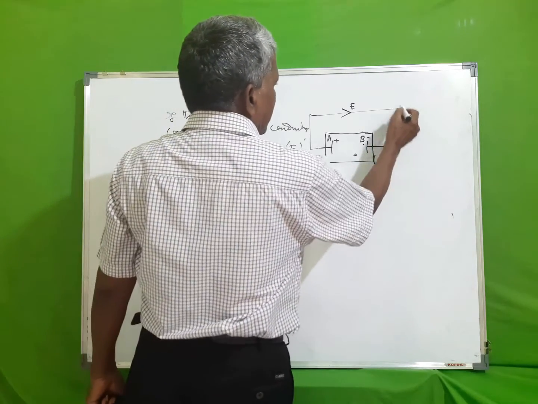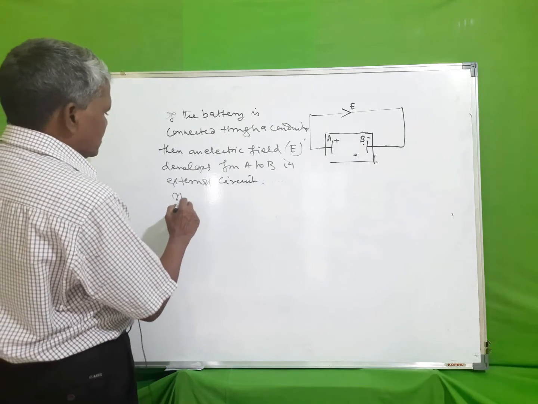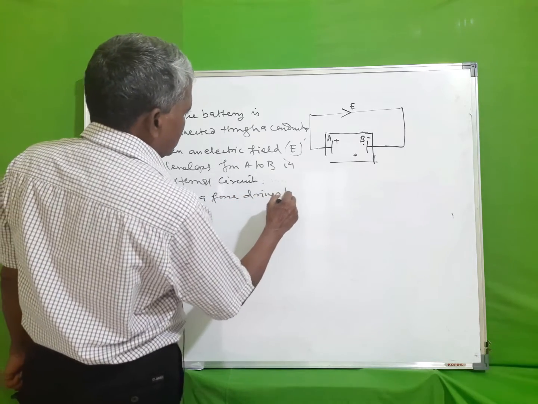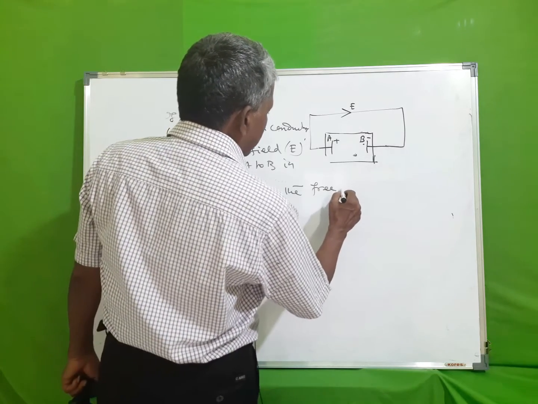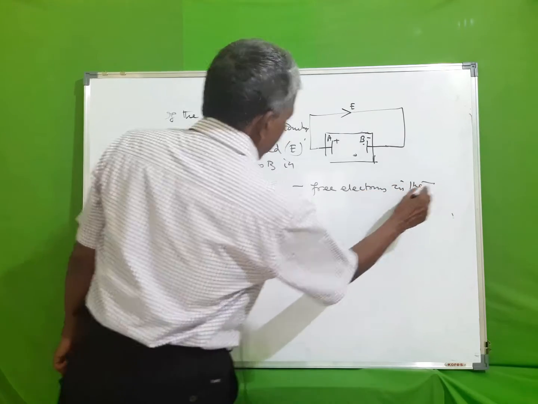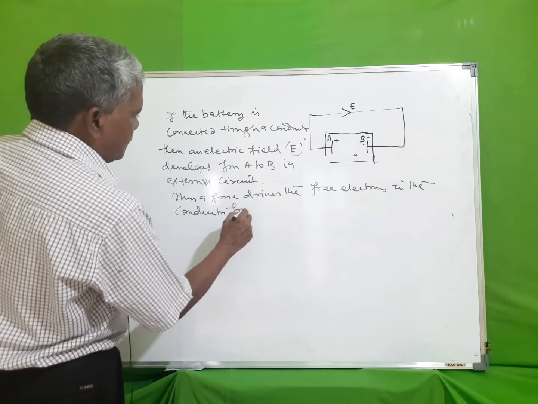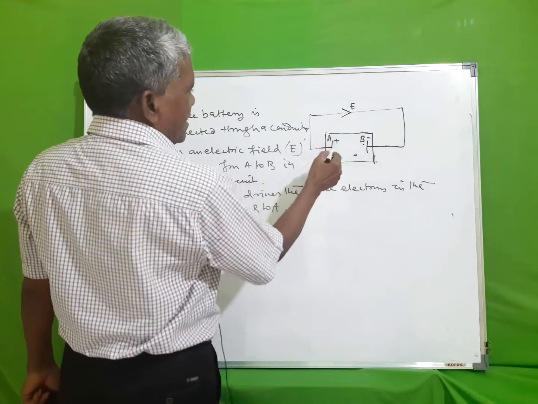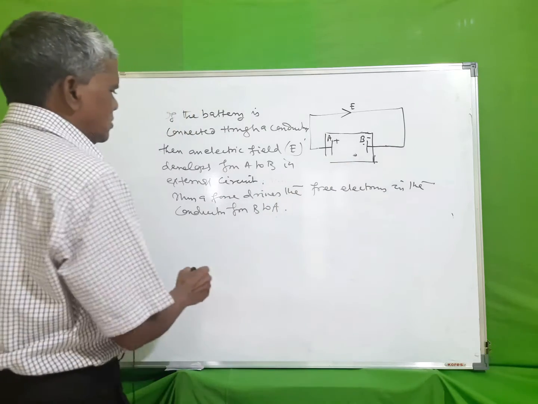The free electrons in the conductor will move. Thus a force drives the free electrons in the conductor from B to A. If electrons are driven to this section, then the positive charge of A is reduced.